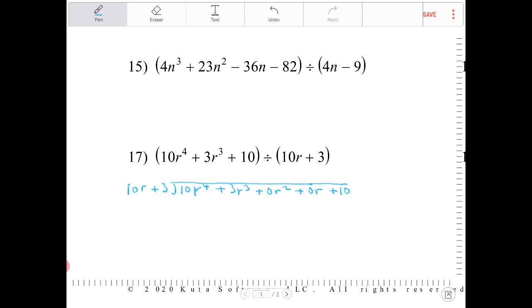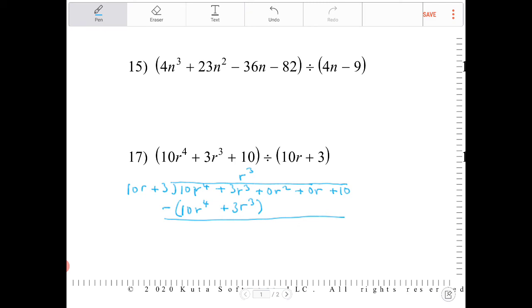Okay? So I want to multiply 10r by r cubed, and I will get 10r to the 4th plus 3r to the 3rd. Perform that subtraction. I end up with 0, 0, 0.